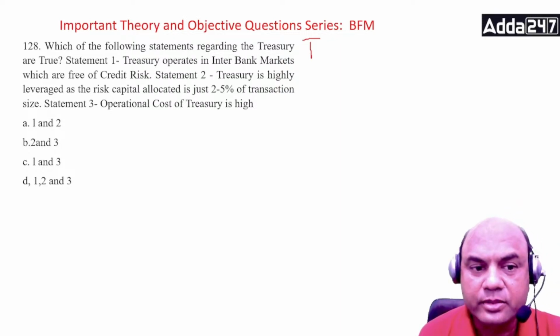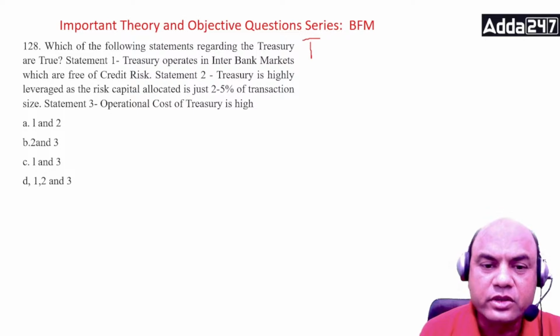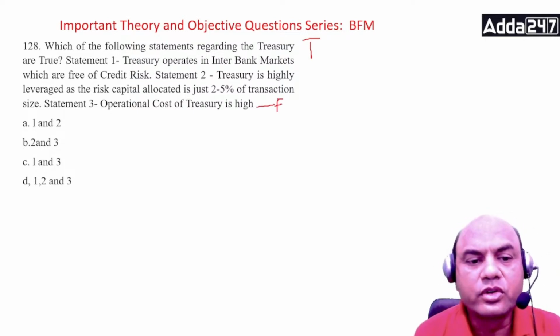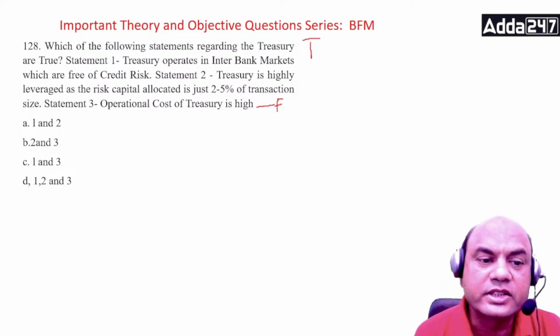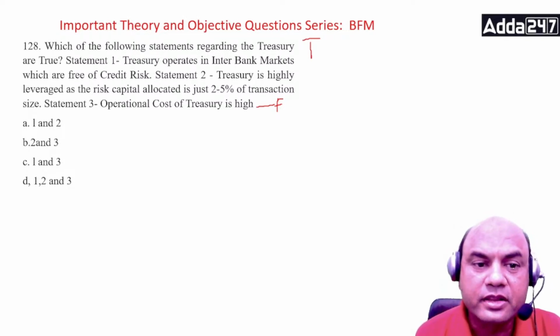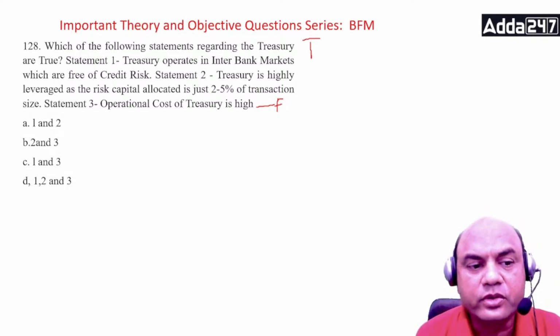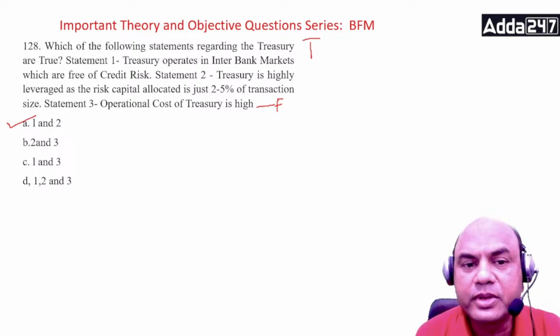But that is not the answer, because the operational cost of treasury is very low, it's not high. So this is false, and 3 is not the answer. Do you have some single option? Only 1, only 2? No. So you have only one option which is without 3. That is A. So A will be the answer.